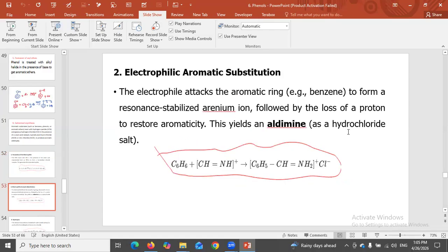Electrophilic aromatic substitution: the electrophile attacks the aromatic ring, for example benzene, to form a resonance-stabilized arenium ion, followed by the loss of a proton to restore aromaticity. This gives an aldimine hydrochloride salt.